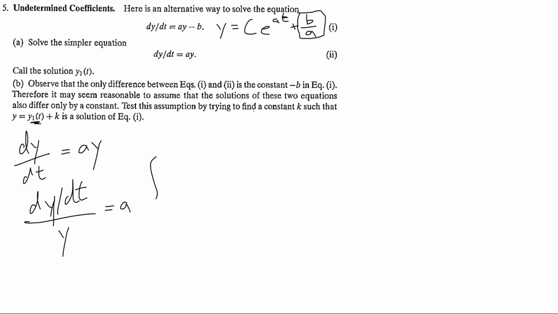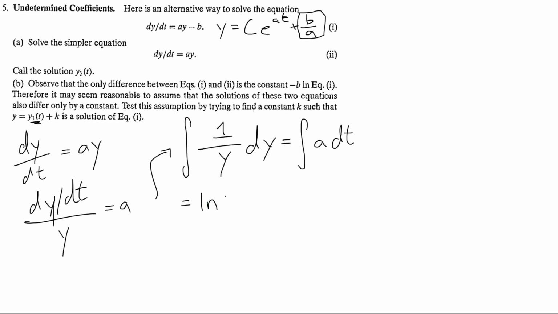And now we take the integral of this, and we're going to get the integral of 1 over y dy is equal to the integral of a dt, okay? So we end up with almost the same thing as last time, right? The natural log of y is equal to a times t plus an arbitrary constant c.